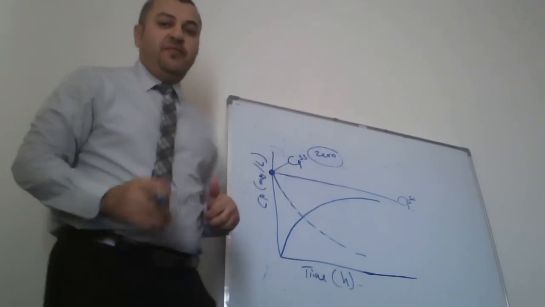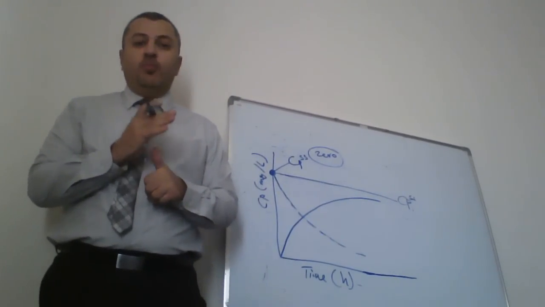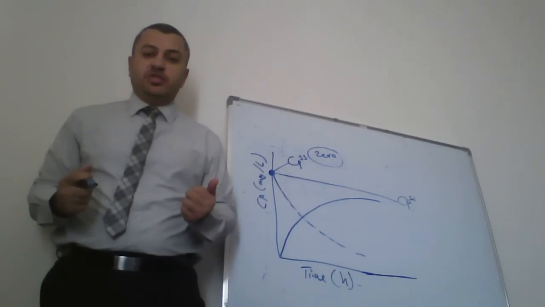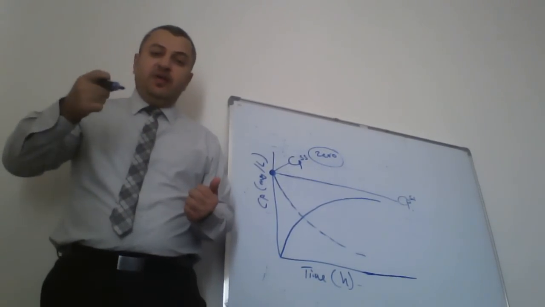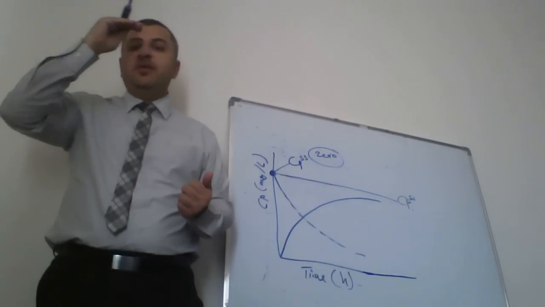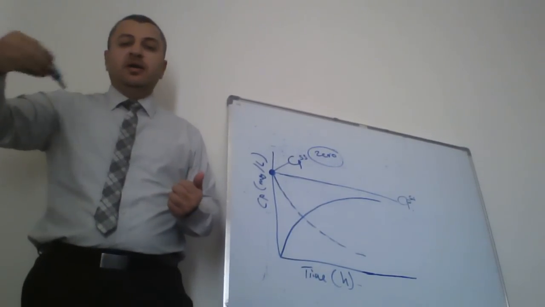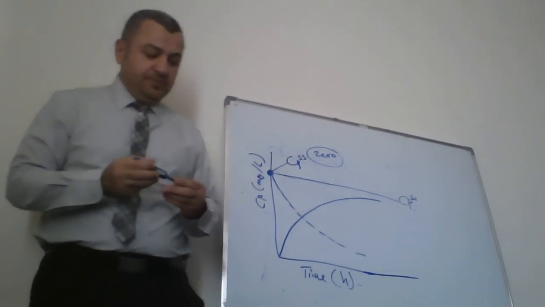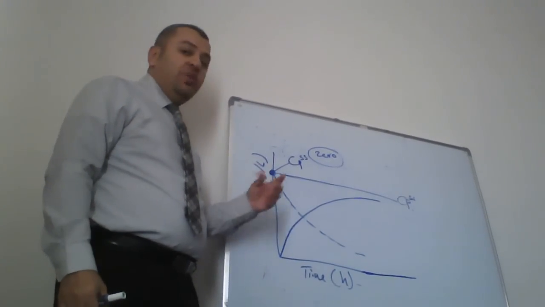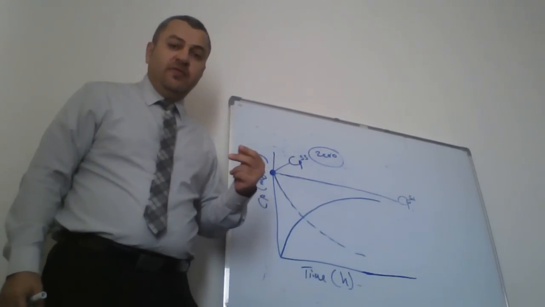So the first approach, what do I do? Combine infusion with IV bolus administration. I give an IV bolus, get to the target at time 0, and then maintain it by the IV infusion. Okay, how do I calculate how much dose I need to give as an IV bolus?